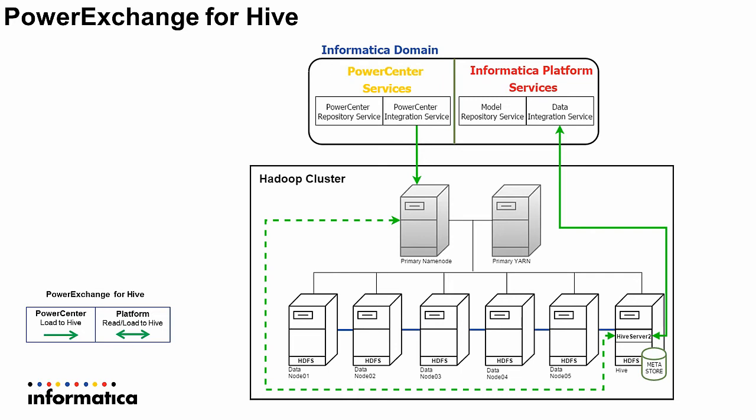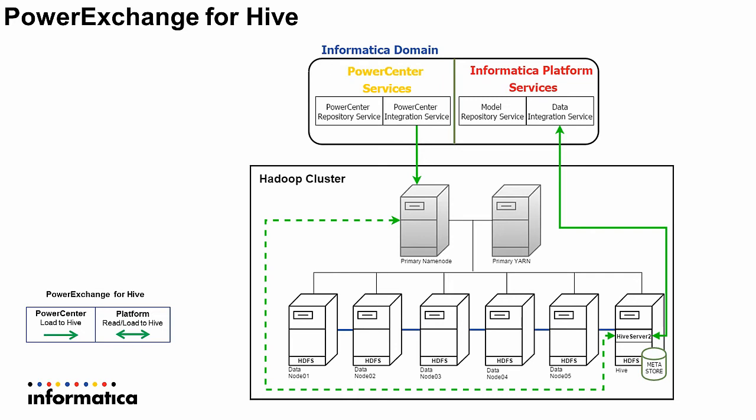Now, what's the key difference here, right? On the left-hand side, in PowerCenter, I only load to Hive indirectly, through HDFS, and we stage the data, and Hive internally will load the data to Hive. Then we have the platform, the DIS, that has the ability to read data from Hive and load data to Hive, right?